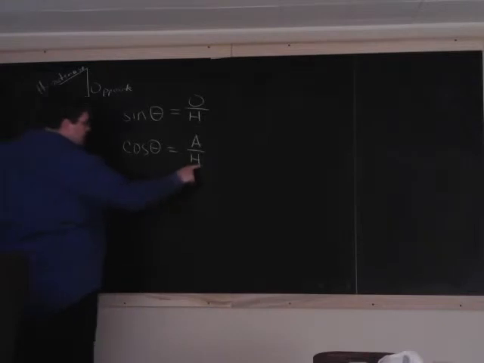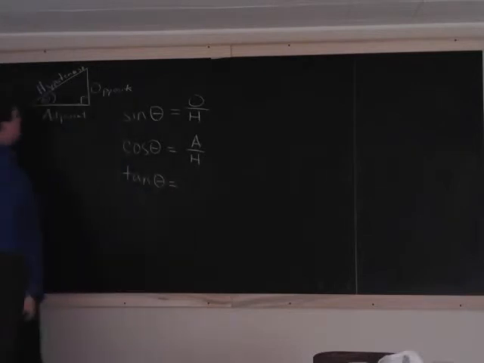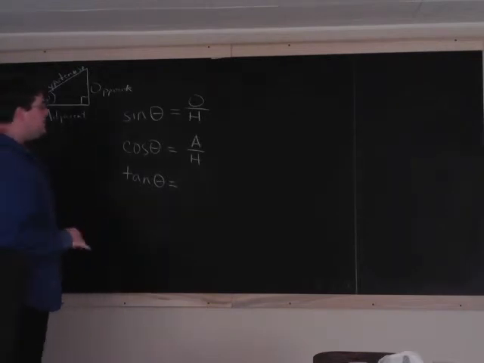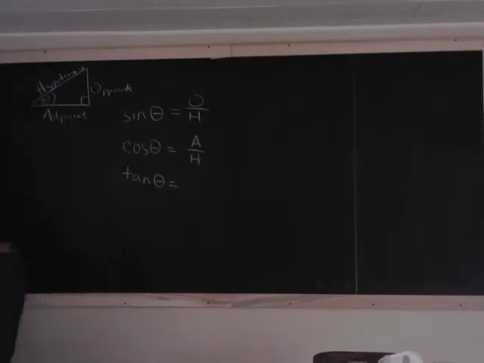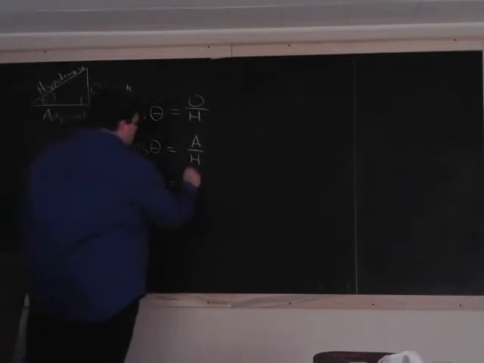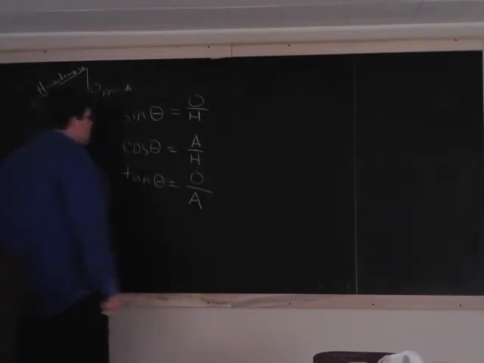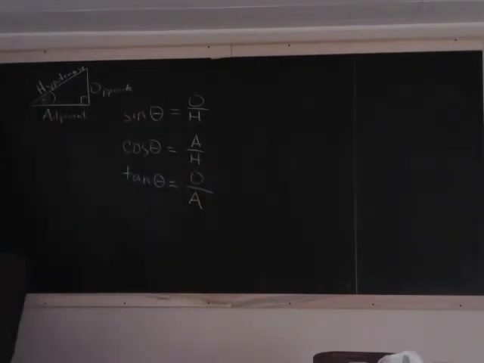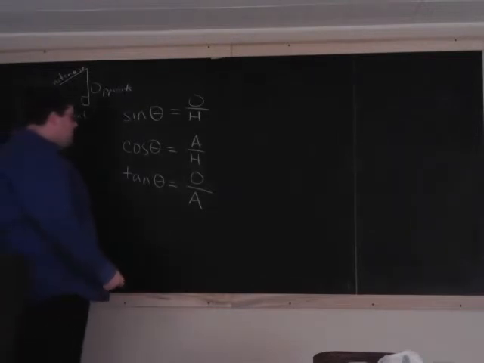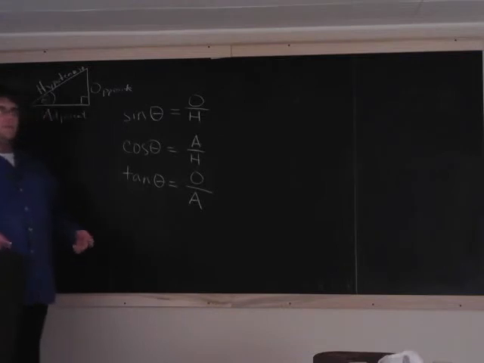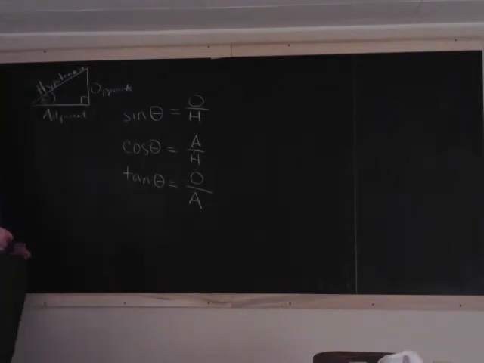Tangent of theta is defined, well actually, in its most basic sense, tangent is defined as sine over cosine. But in the triangle, we can see that as the opposite over the adjacent. You might have just heard a loud car driving by.